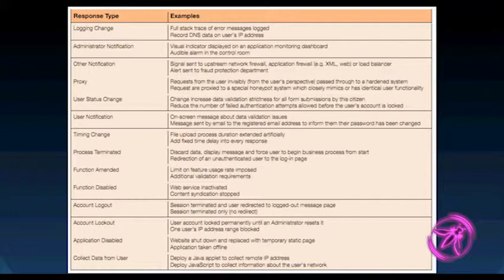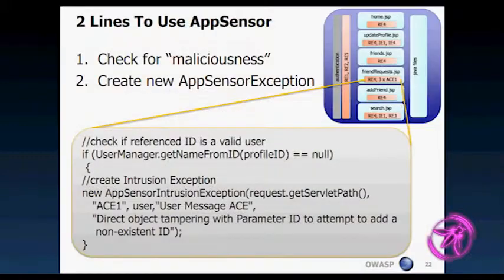Maybe at that point you say, hey, if there's been this many alerts in a certain time frame, now we actually want to get a little more aggressive and forcefully log that user out, or lock their account for a period of time. There's all sorts of different ways you can respond. But it's up to you to figure out, working through, with InfoSec and different groups policy-wise, how do you want to react under scenario A, scenario B? But there's a lot of different ways that you can do this.